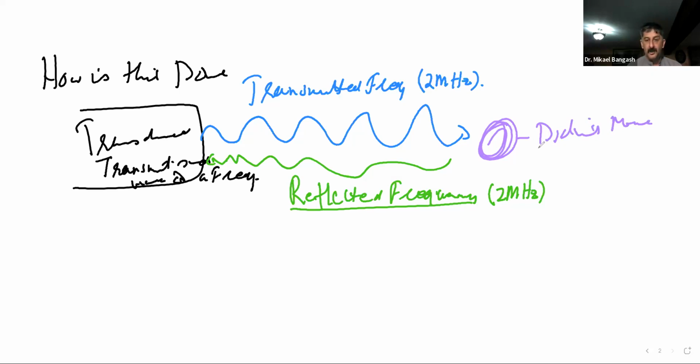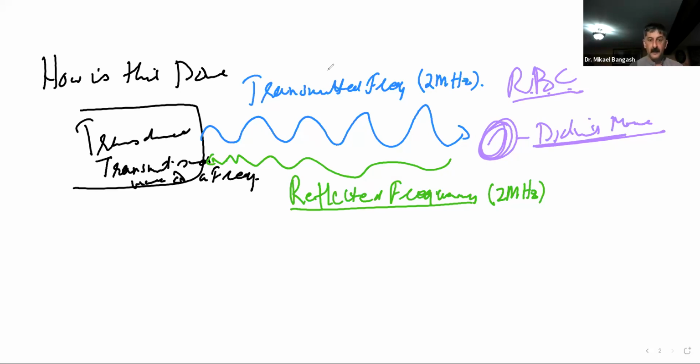The actual structure whose movement we want to check for is the red blood cell. In Doppler, your tissue, or what we will call the reflector, is going to be your red blood cell.